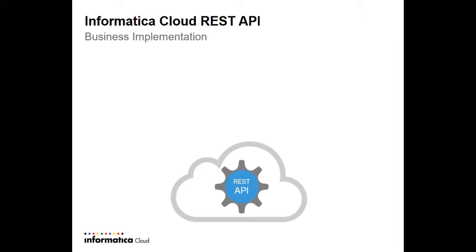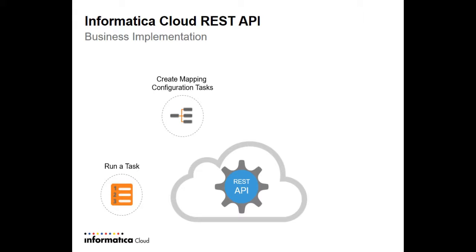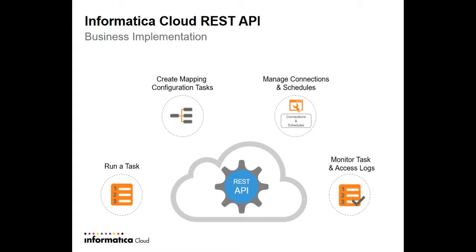Let us outline a few use cases leveraging the REST API. Using the Informatica Cloud REST API, we can run a task from a third-party application or service inside the Informatica Cloud. We could dynamically create mapping configuration tasks using the Informatica Cloud REST API. You can also perform tasks such as create, update, and delete connections and schedules, start and monitor tasks, and verify the Salesforce API version.